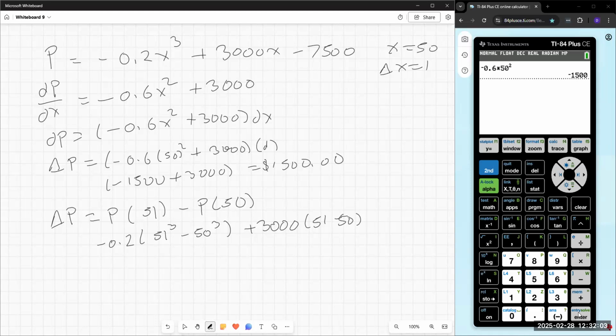So negative 0.2 times 51 to the third minus 50 to the third plus 3,000 times 1 is 1469.80, a difference of $30.80.